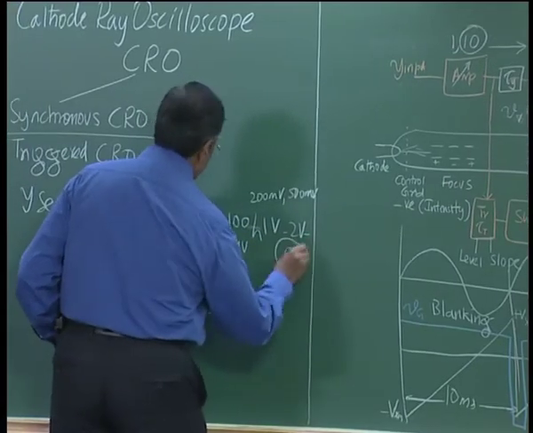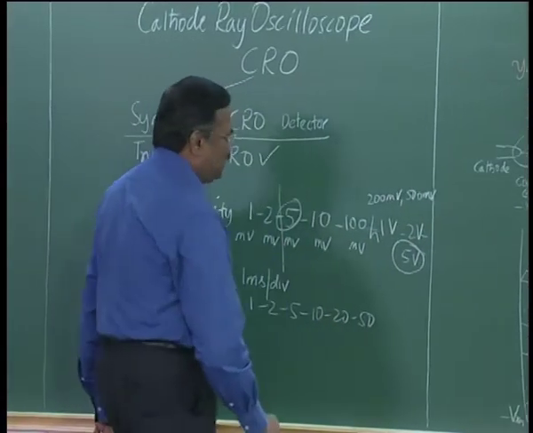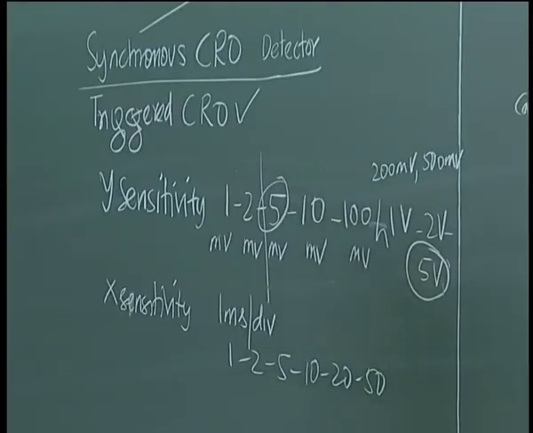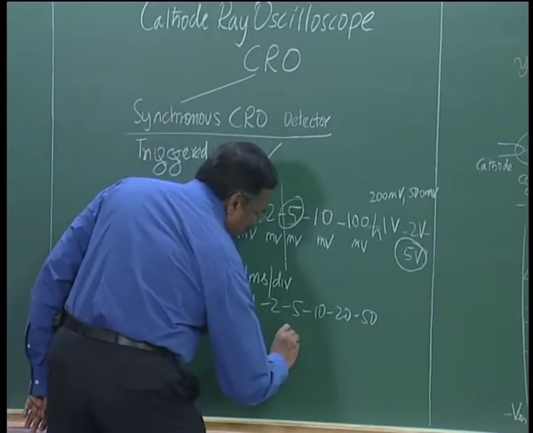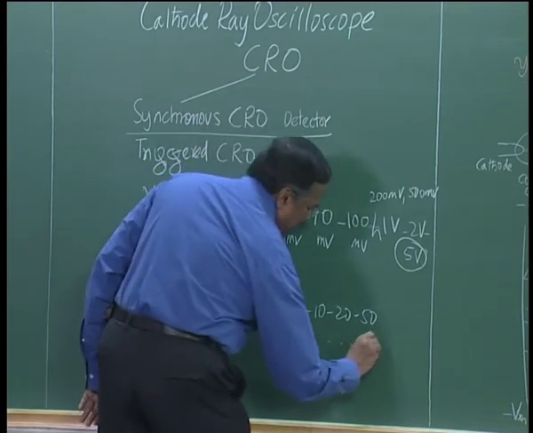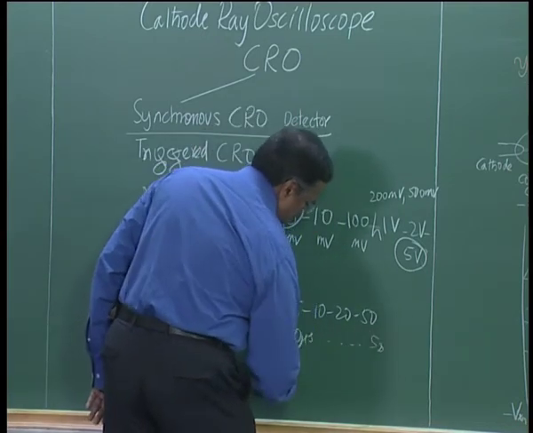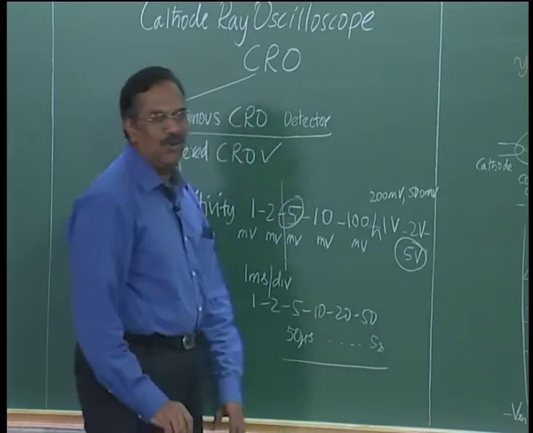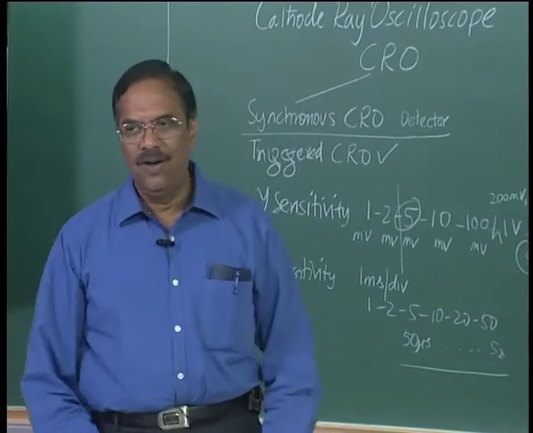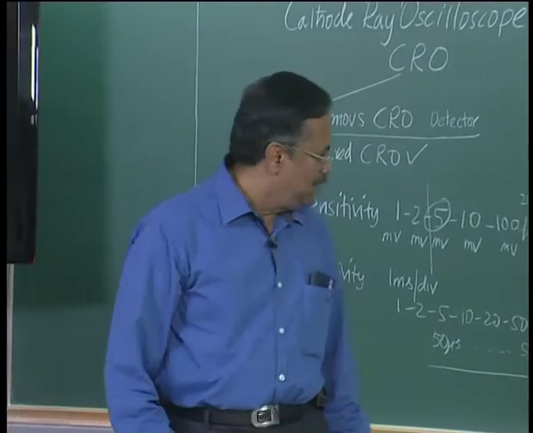The X sensitivity would start somewhere around 50 microseconds and end at 5 seconds. This again is more or less standard for low cost oscilloscopes.